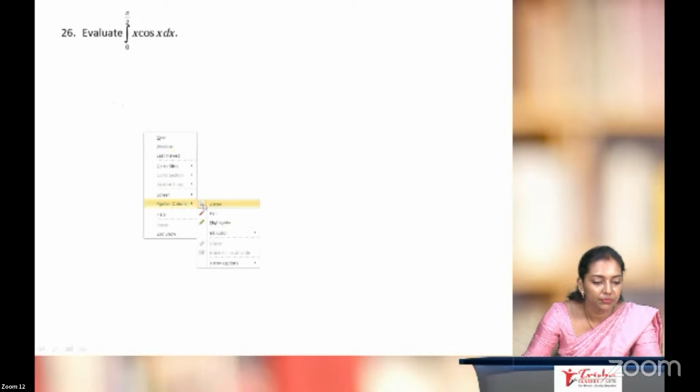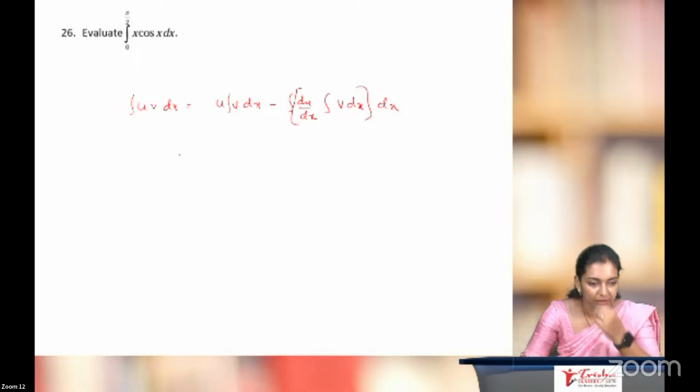Integral of uv dx is u into the integral of v dx, minus the integral of du by dx times the integral of v dx, all with respect to dx. Okay, so this is the formula.